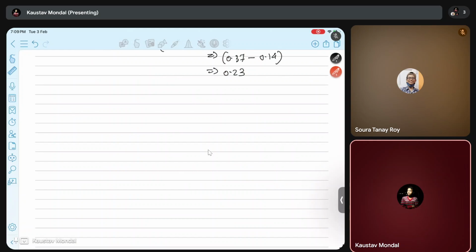Now the question 2. Calculate collision frequency of oxygen molecules at STP.